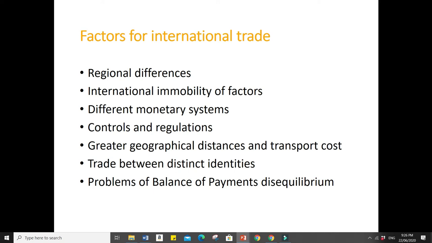Okay. Next, another factor is the problems of balance of payment disequilibrium. So when we speak of your balance of payment, this is actually a statement of all transactions made between entities in one country and the rest of the world.